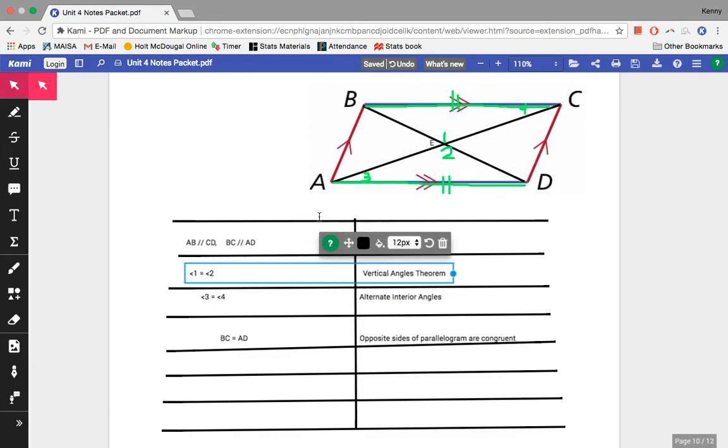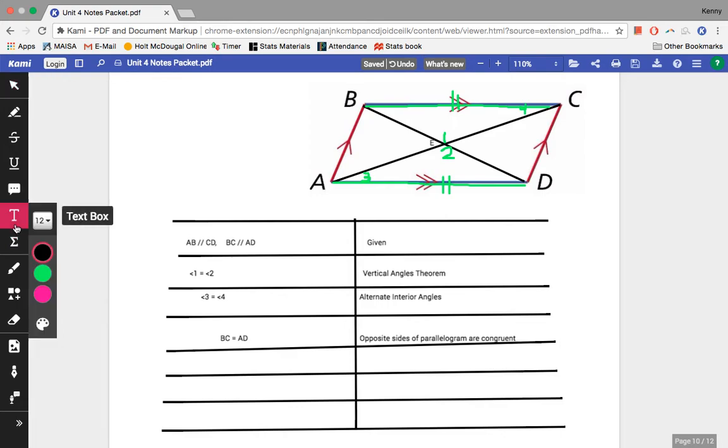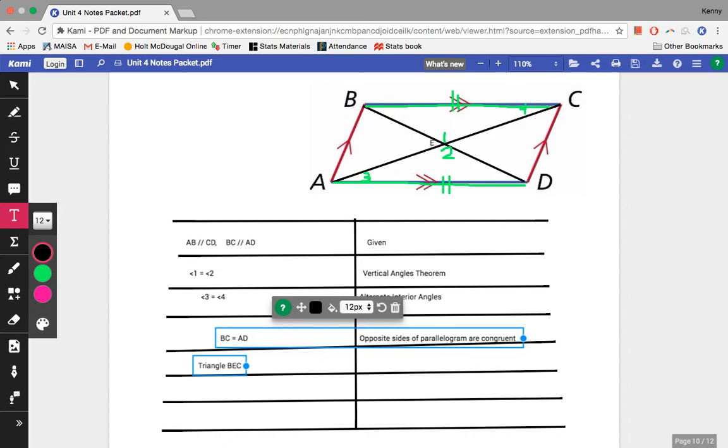If you look at our two triangles then, we've got angle, angle, side. Angle, angle, and then this side down here. So we can say triangle, imagine my triangle symbol there, and I'm going to name this triangle BEC, so triangle BEC is congruent to triangle DEA by AAS congruency.